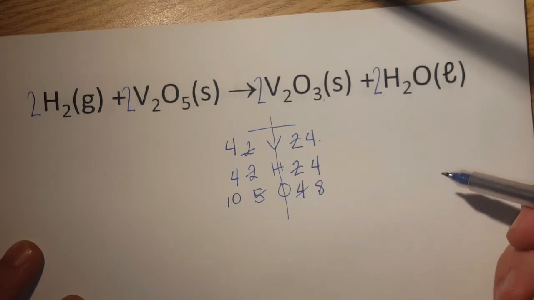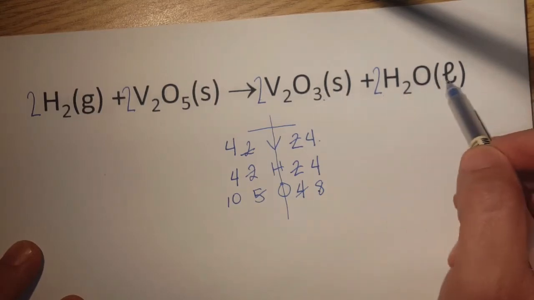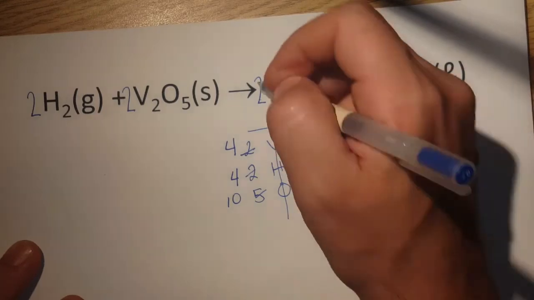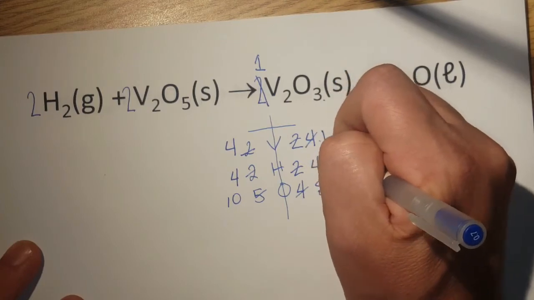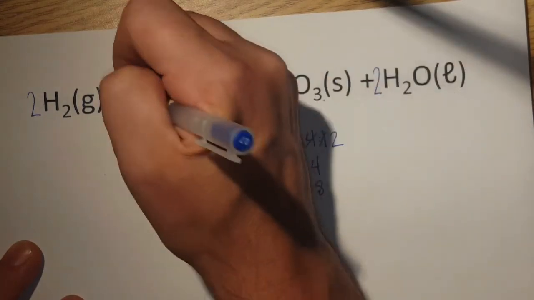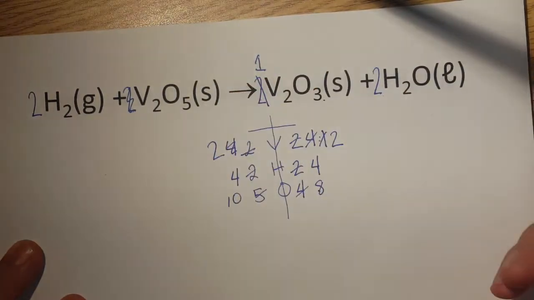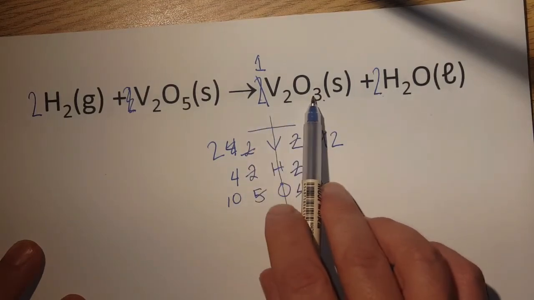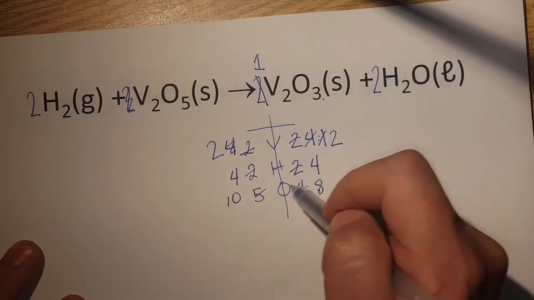So as we can see, we still haven't been able to balance. But we notice that if I decrease that by 1 to 1, then I have my original there. I'm going to put that down to 1, and that'll be my 2 there. Now if we count, we have 4 hydrogens, 4 hydrogens, and 3 plus 2 is 5 oxygen.